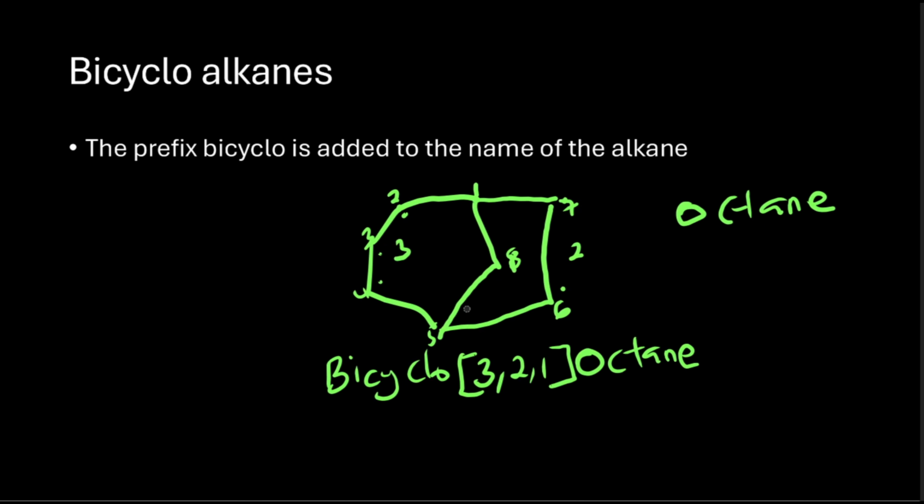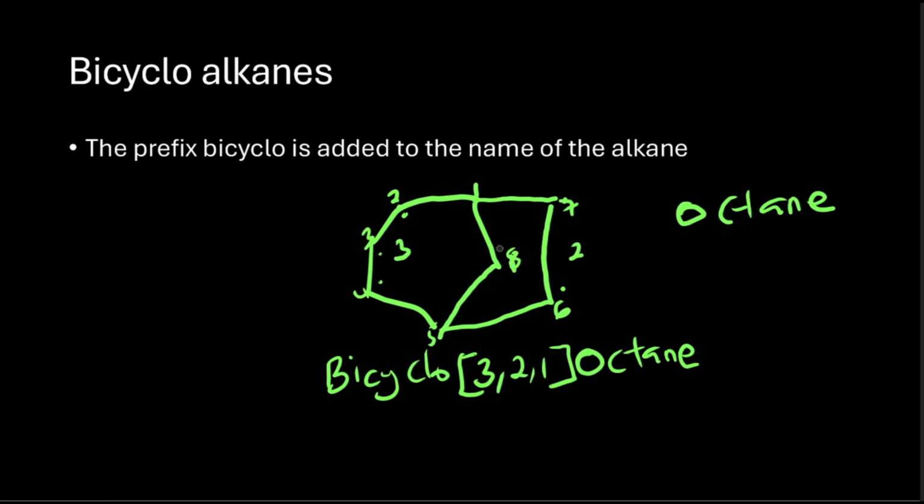So in naming our bicycloalkanes, we first have to identify the number of carbon atoms on either sides of the bridge, and then after that we look at the number of carbon atoms on the bridge without considering where both cycloalkanes are fused.